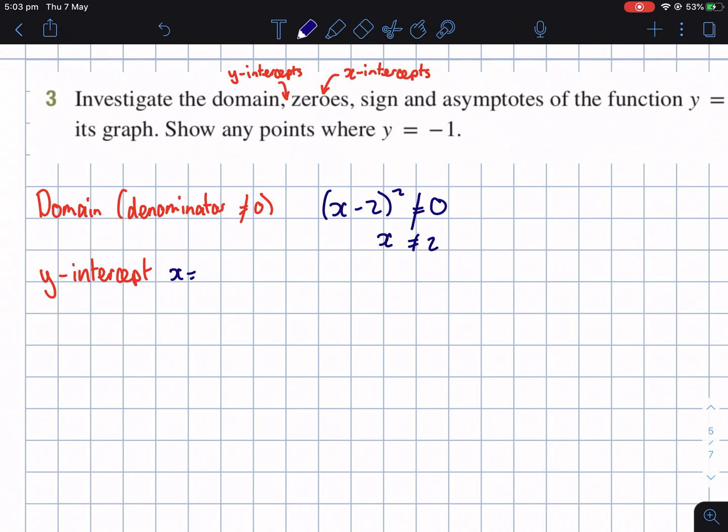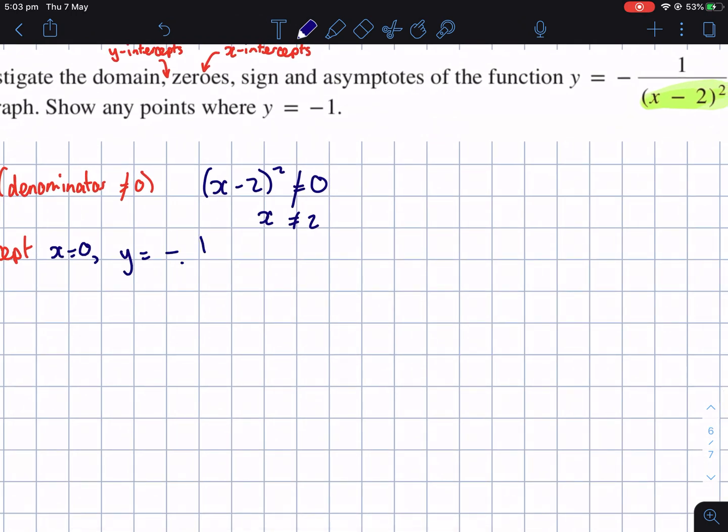So x equals 0, y equals -1 on (0 - 2) squared. So y is -1 on 4.